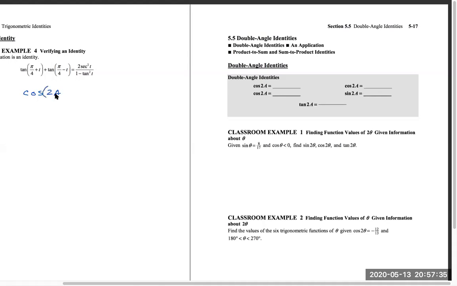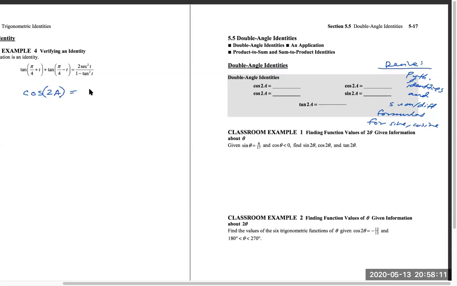Essentially, that 2A is in the argument of cosine. So we're actually going to show that we can derive these formulas using Pythagorean identities and sum difference formulas for sine and cosine.